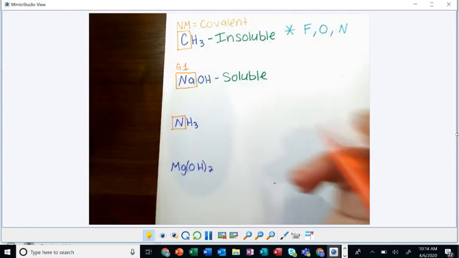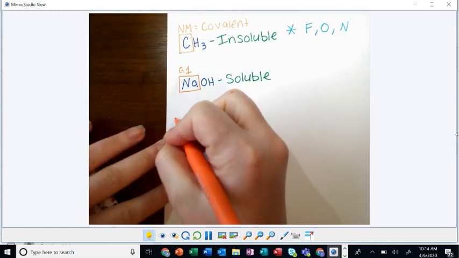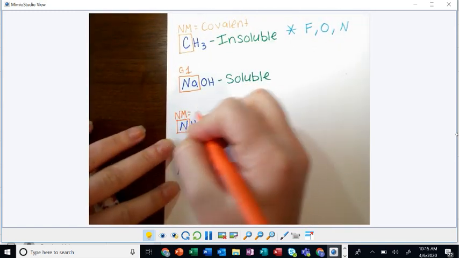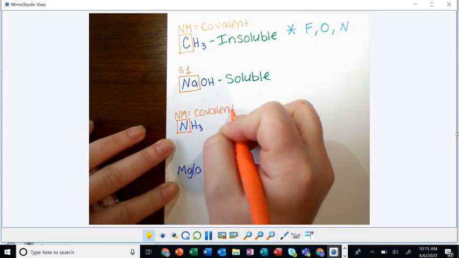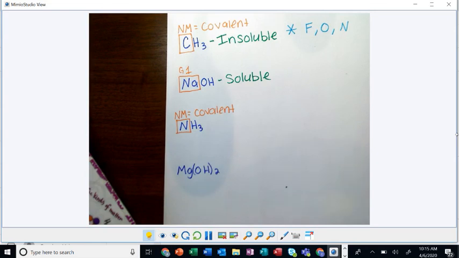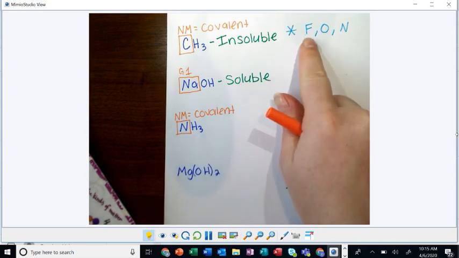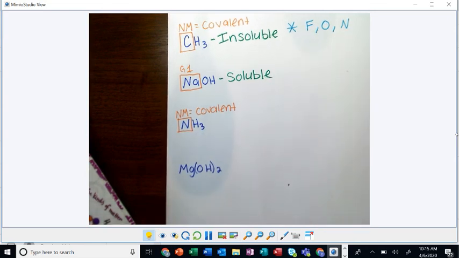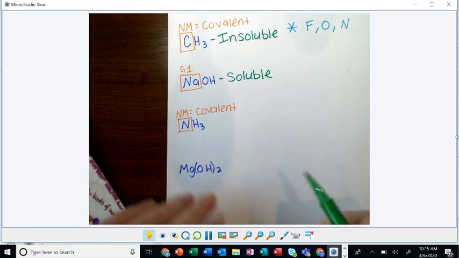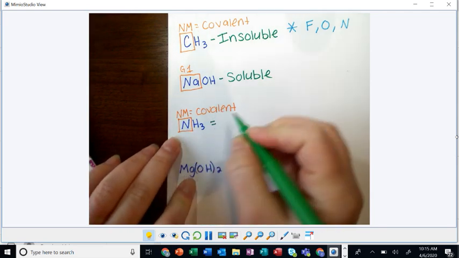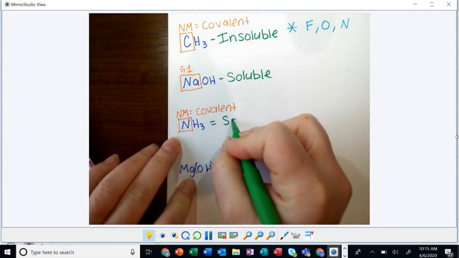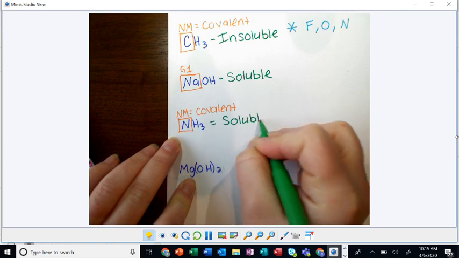So therefore that means that this is a non-metal, making it covalent. If the compound is covalent, remember we are looking for F, O, or N anywhere in that compound. Here's my N, right? That means that this is polar, therefore it is soluble.